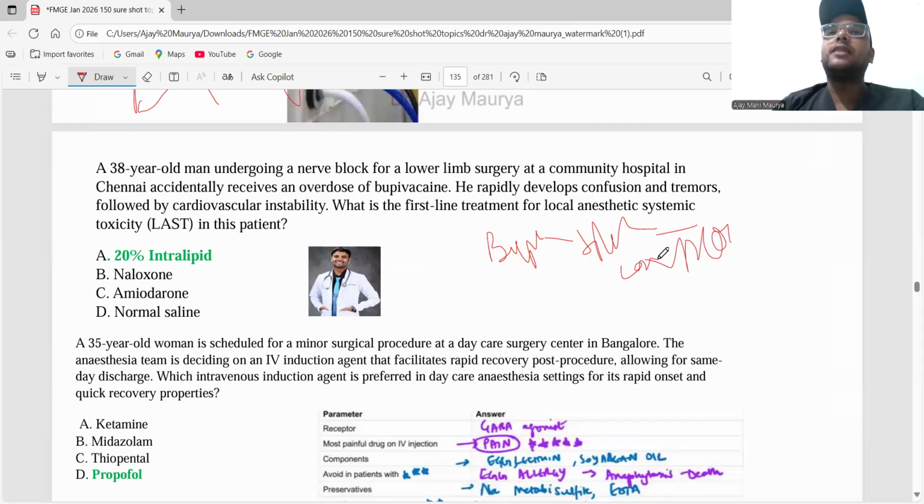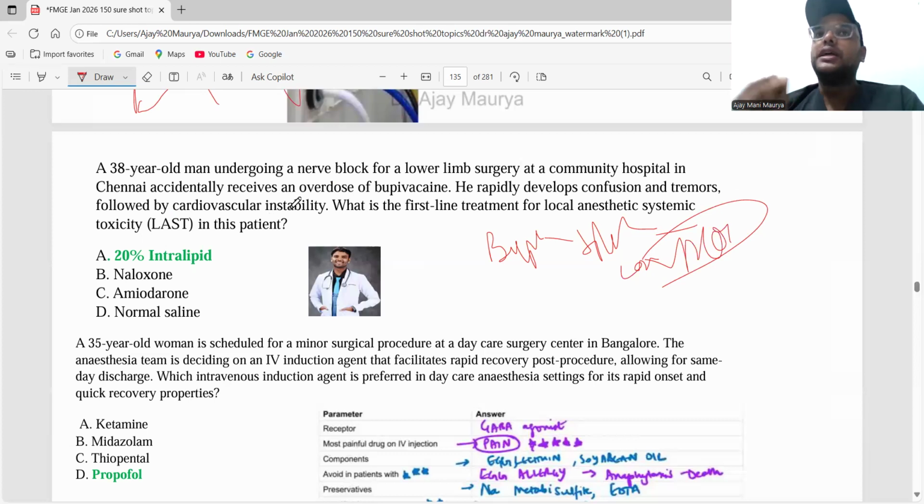It will cause cardiac myopathy and lead to ischemia, because it is the most cardiotoxic. That's why he is developing confusion, tremors and cardiovascular instability.